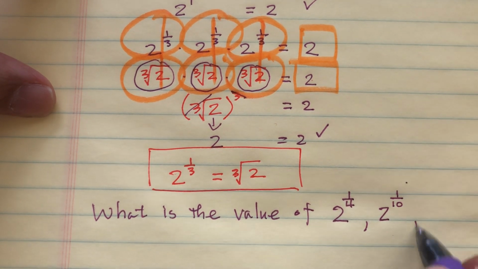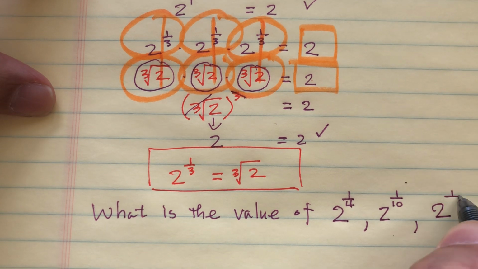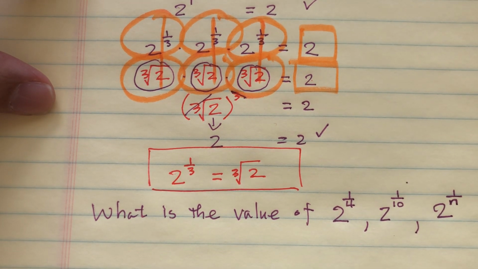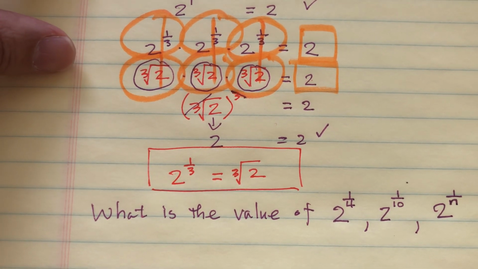And to generalize, what if the number in the denominator is n? We make a rule for it. So what is that equal to? Can we change it into a radical expression? That's a question for the next lesson.